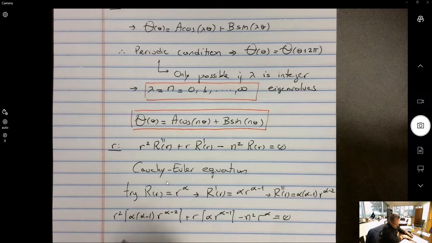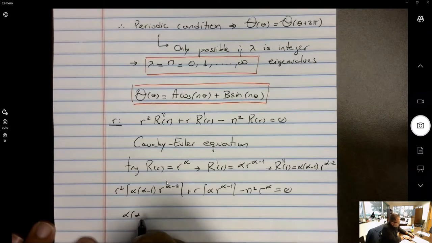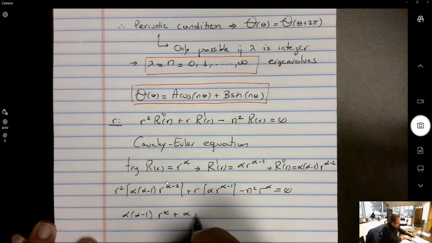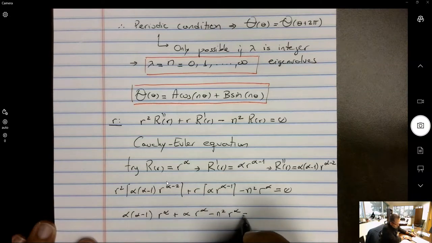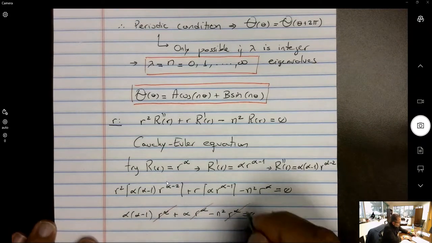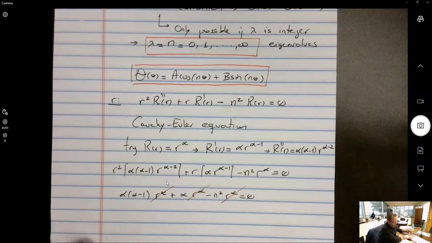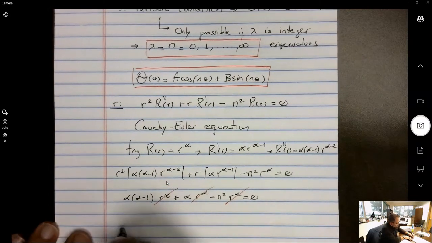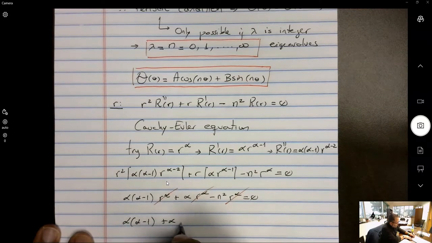So that's alpha times alpha minus 1 times r to the alpha plus alpha times r to the alpha minus n squared times r to the alpha equal to 0. We can take r to the alpha as a common factor and cancel it out. What that reduces to is alpha times alpha minus 1 plus alpha minus n squared equal to 0.